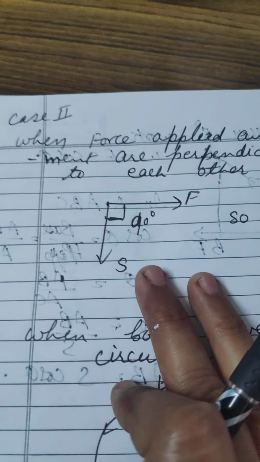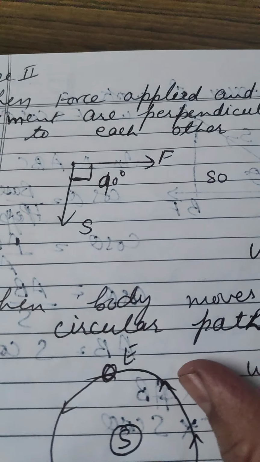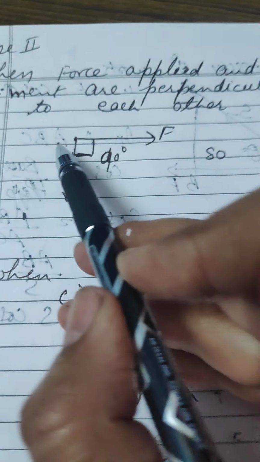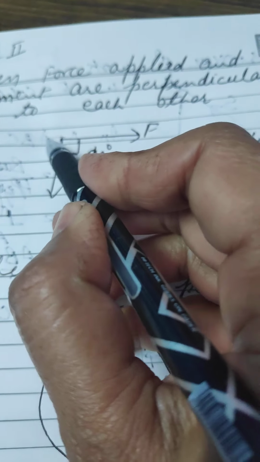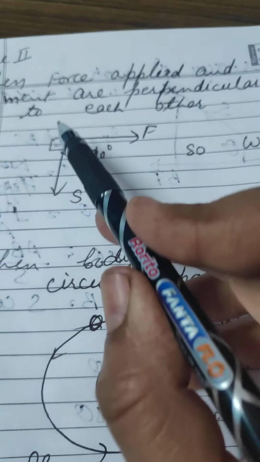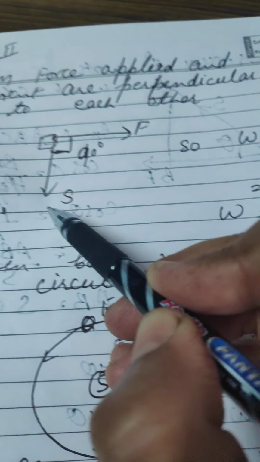But in case 2, when the force applied and the displacement are perpendicular to each other, suppose we are applying a force on a body in this direction, but the body moves in this direction.